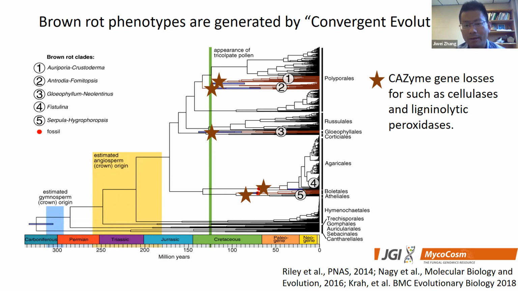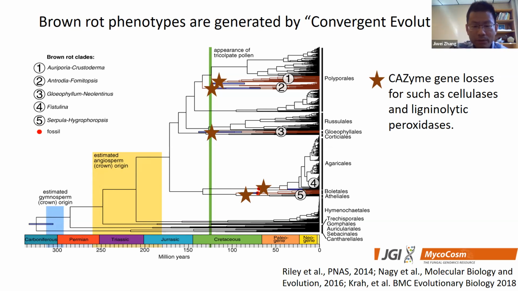For example, they lost many cellulase genes, which are used for degrading celluloses. And they lost the ligninolytic peroxidase genes, which are used for degrading lignins. So that's very weird, you know. Although they lost these genes, they still can efficiently degrade wood structures. So that's kind of a mystery in the field that we're trying to understand.